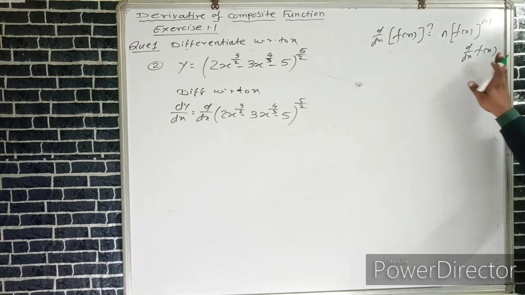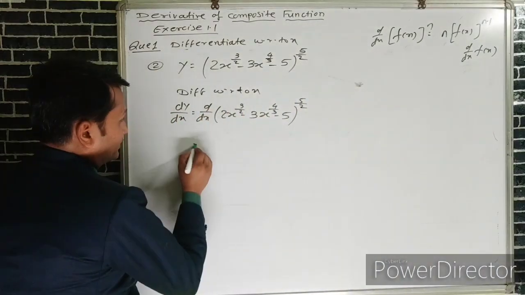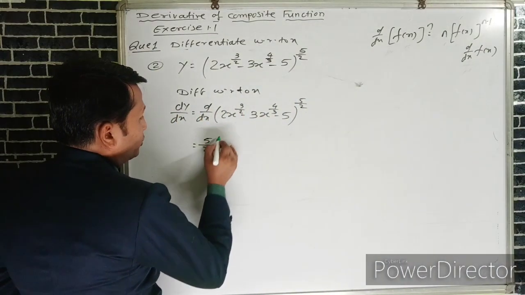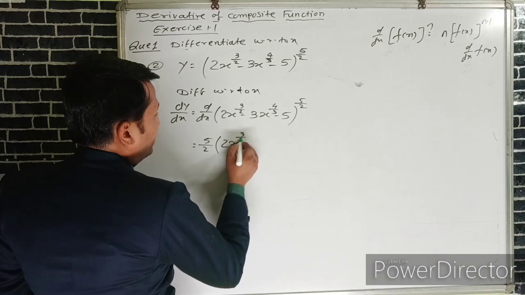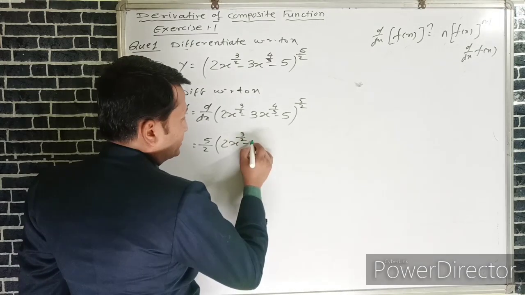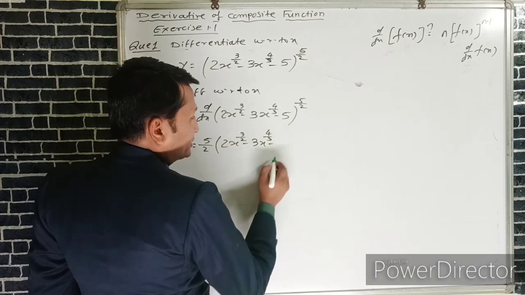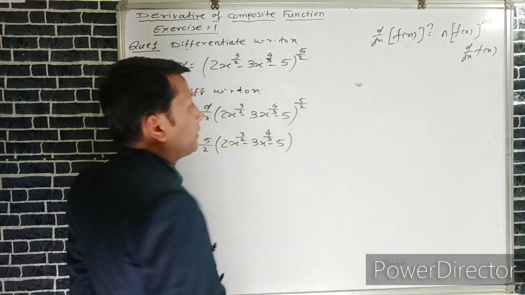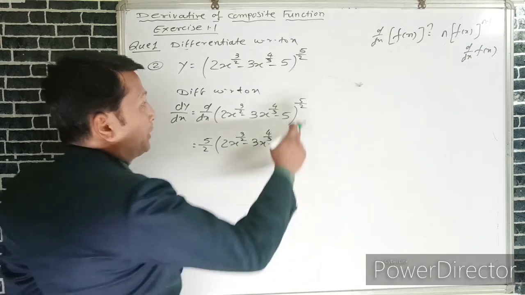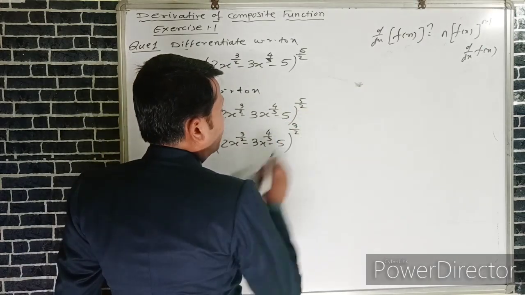By applying this rule, we can write n is 5 by 2 into 2x raised to the power 3 by 2 minus 3x raised to the power 4 by 3 minus 5, whole raised to the power n minus 1, meaning 5 by 2 minus 1 is 3 by 2.